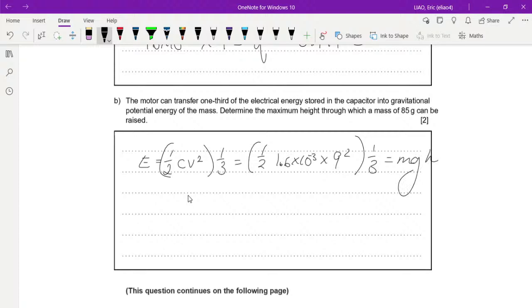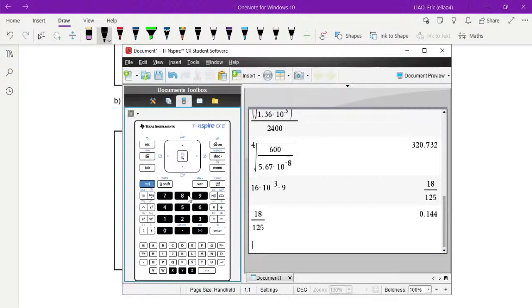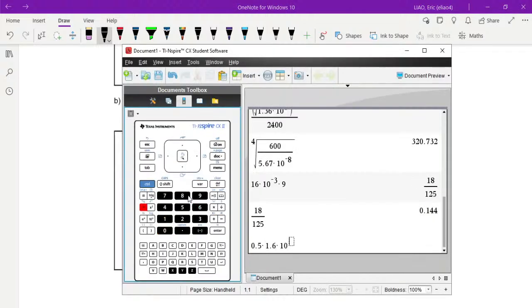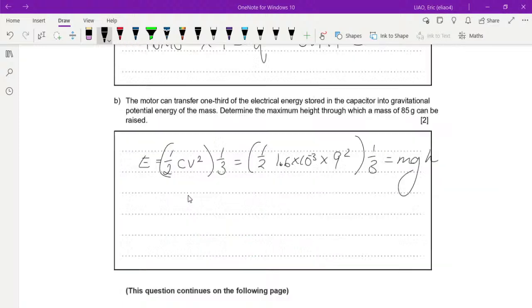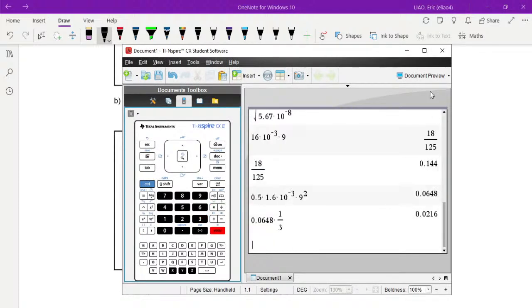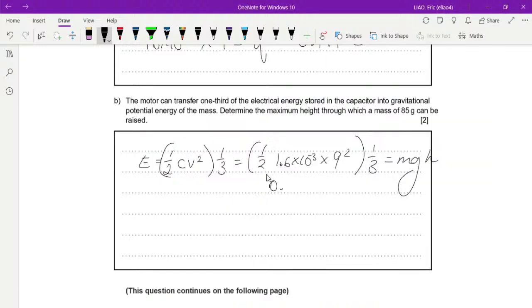And this will give us, I guess we will just write it for now, times 9 squared. Oh, and we have to times that by 1/3. 0.0216 over 85 grams, which is 0.085 kilograms, and g is just 9.81.